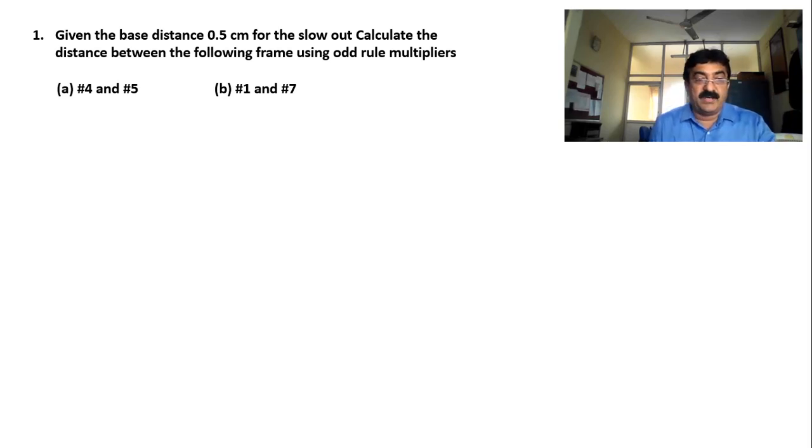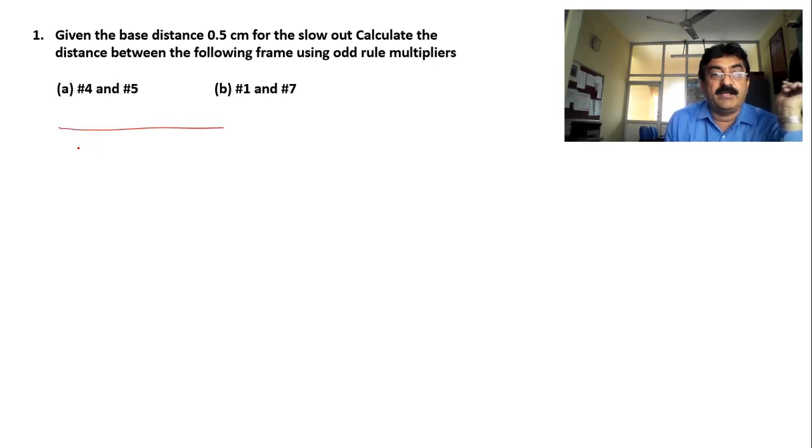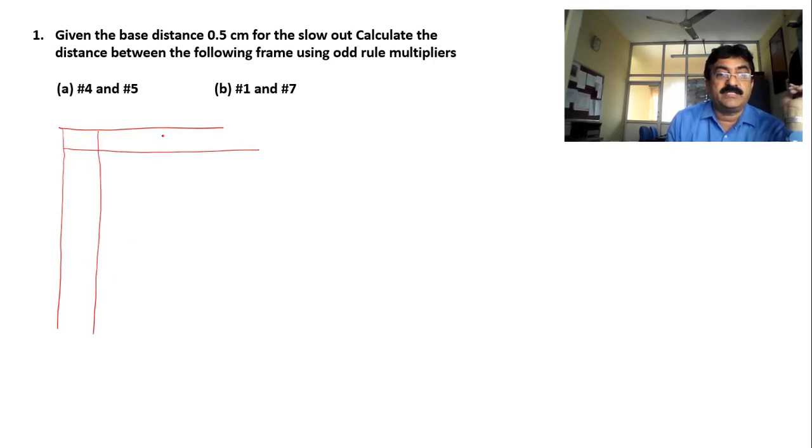Dear students, I have already explained in detail the application of the odd rule. You can solve this problem in two methods. Number one, you can make a chart. I will explain only one problem; for the remaining problems, you follow this chart. The chart consists of three columns.